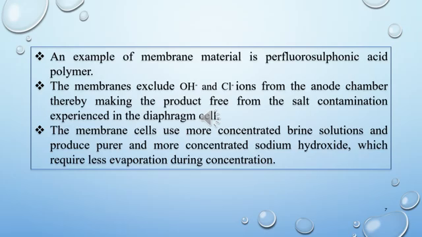In the diaphragm cell, we have said that the diaphragm cell will work in dilute solution form, but the membrane cell will use concentrated solution and will form concentrated and purer product, which needs less evaporation as compared to the diaphragm cell, because in the diaphragm cell we have used dilute solution which produces impure product and needs more evaporation to get concentrated product.